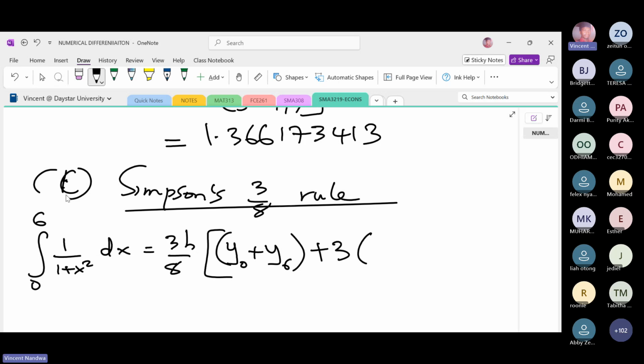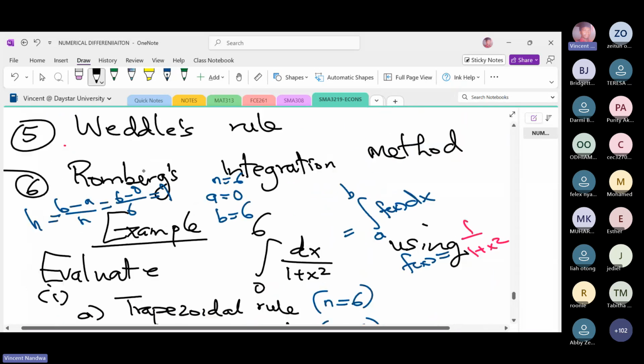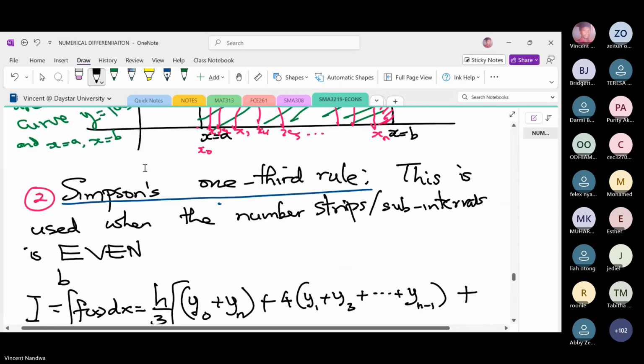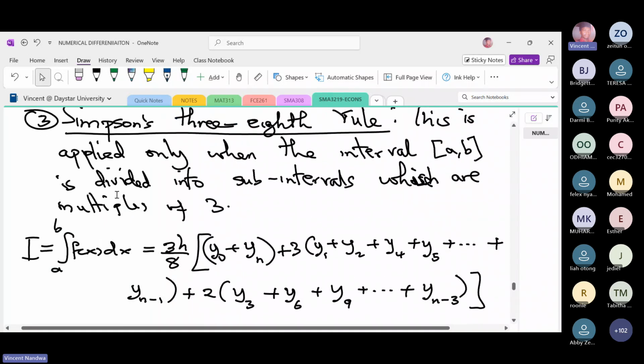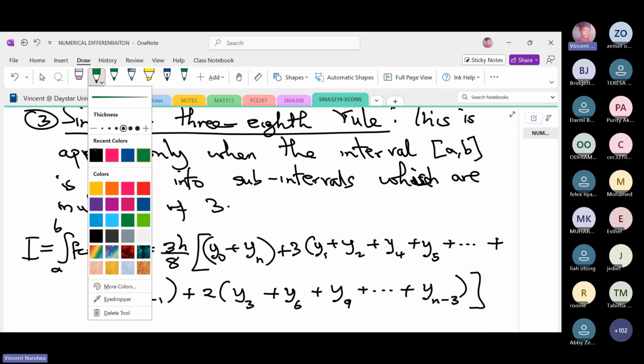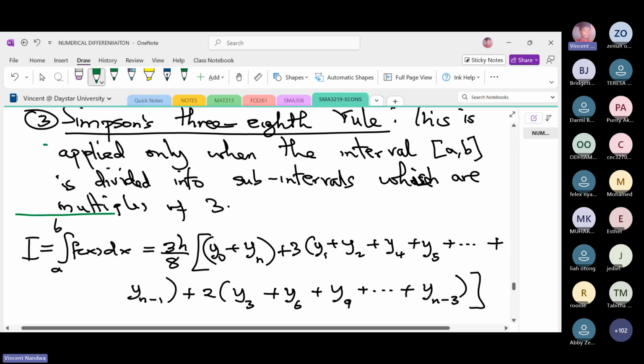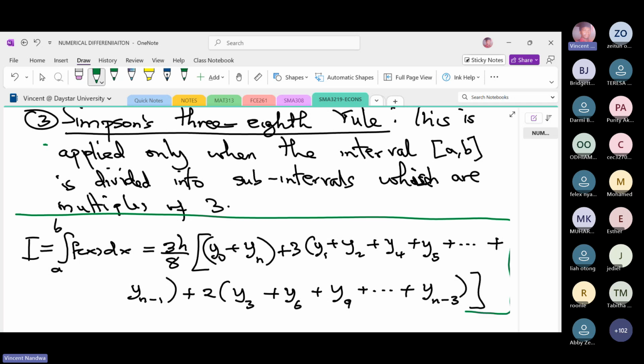So let me remind you, these were the formulas for Simpson's 3/8 rule. Remember, in our case, we are reaching y6. So what will be the reduction of this formula?